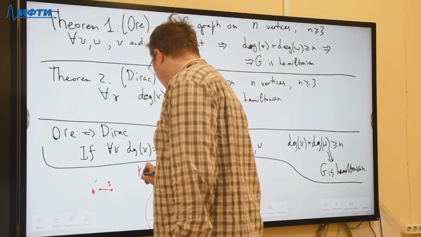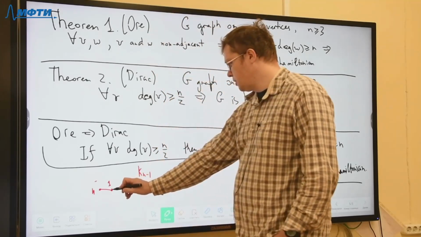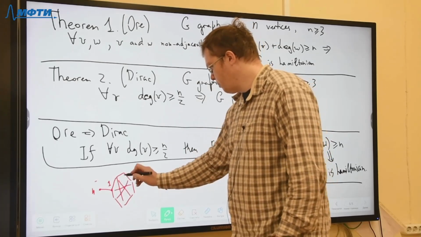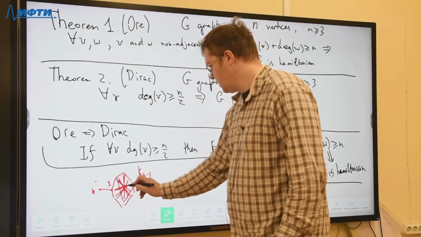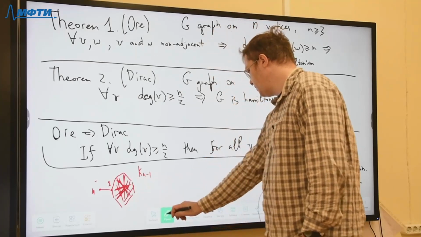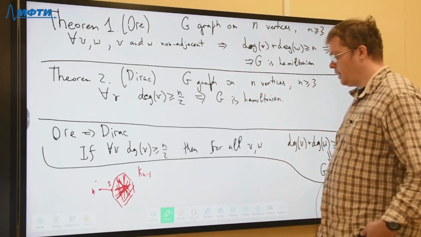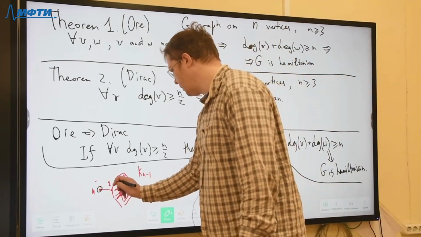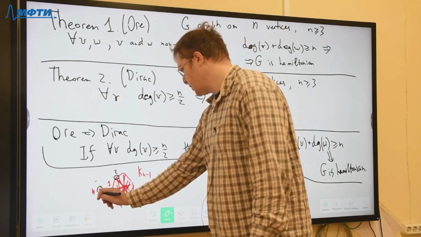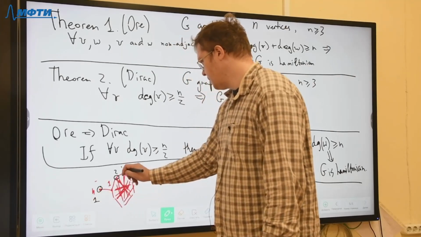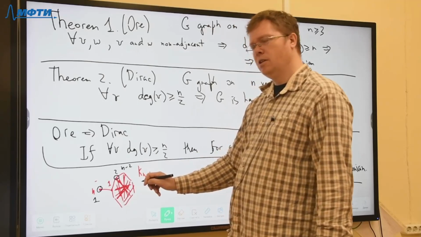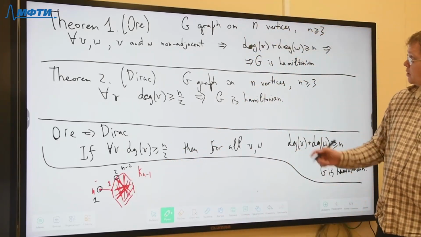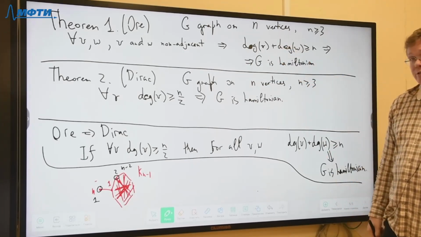This is the simplest example with many edges but non-Hamiltonian. In this graph, if we take two non-adjacent vertices, for example n and 2, this vertex has degree 1, and this vertex has degree n minus 2. So the sum of the degrees will be n minus 1, and this does not satisfy the criterion.